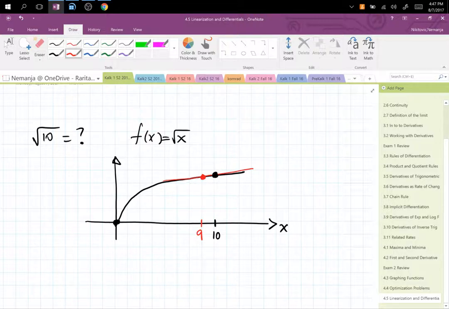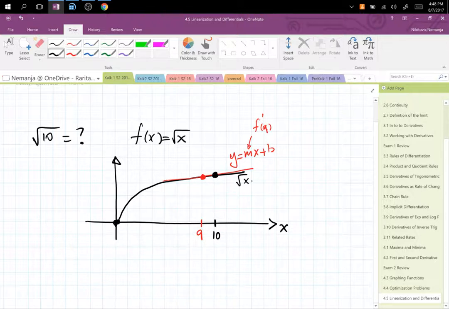In this particular graph, it kind of looks like it's going through the same point. It doesn't. So this red line has the equation y equals mx plus b, where this m is the derivative computed at 9. And the black line is the square root of x.